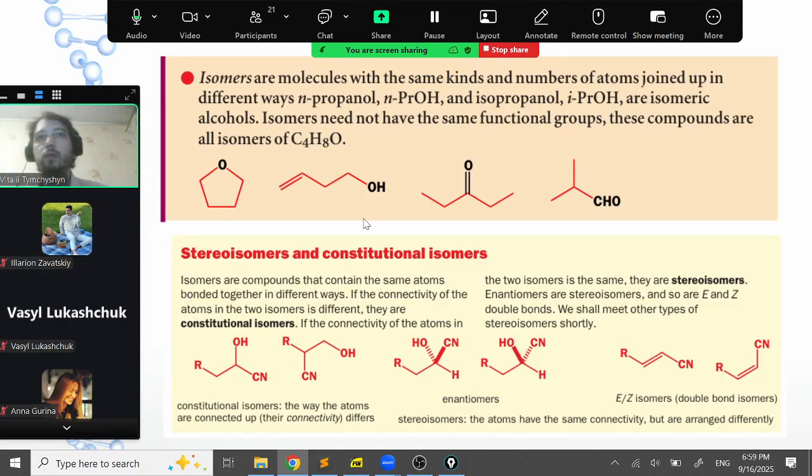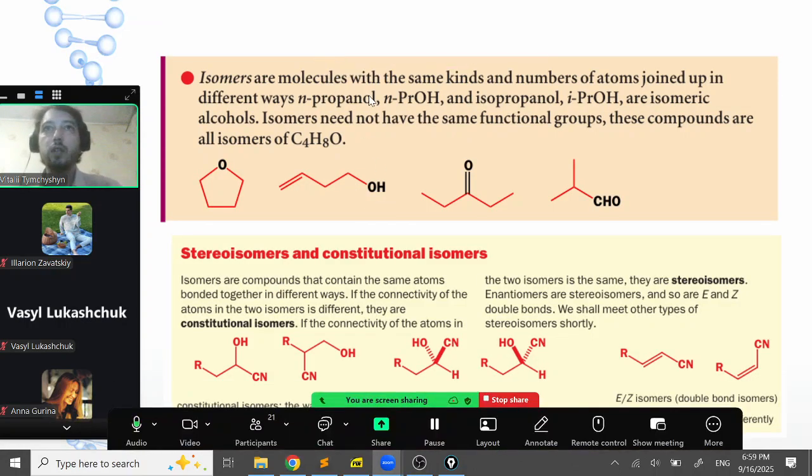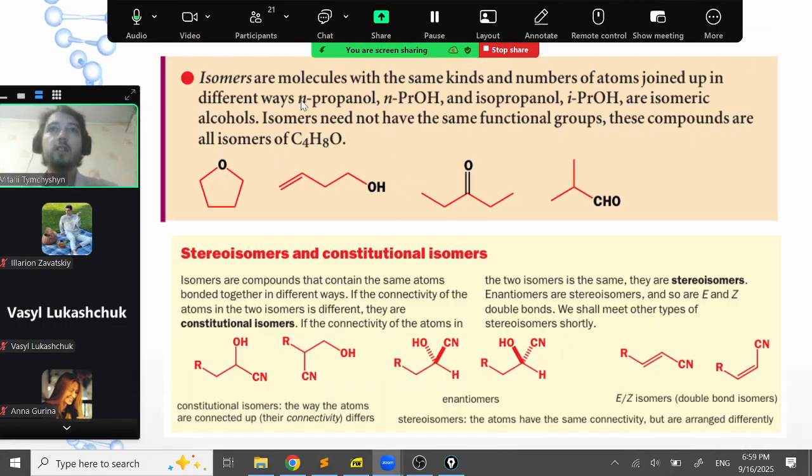Okay, now it's time to talk about isomers. Isomers are molecules of the same kind and number of atoms joined up in different ways. So here are some examples: stereoisomers and constitutional isomers. You may have isomers that contain the same atoms bonded together in different ways.